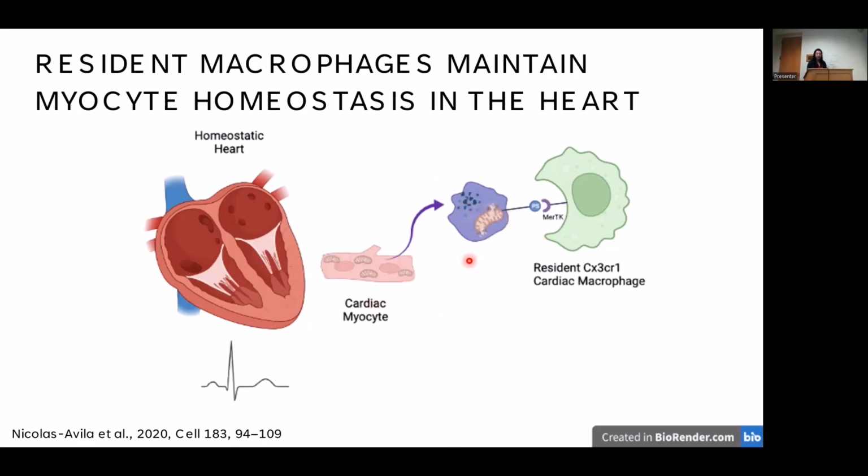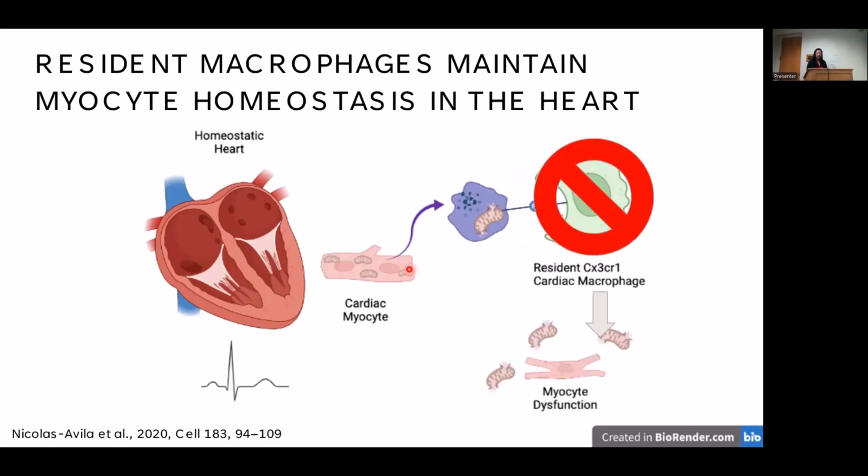And again, resident macrophages, which all express the receptor CX3CR1, recognize these apoptotic bodies and debris that are tagged for engulfment. They're professional phagocytes that engulf the debris produced by the normal homeostatic heart. And if you deplete these resident macrophages, all of the cellular debris and old mitochondria are not cleared, and that leads to myocyte dysfunction.